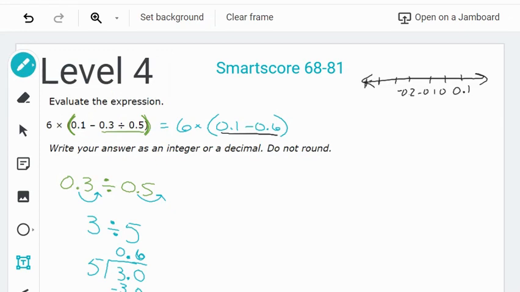So we're going to go left 0.6. So here's where we're starting. 0.1, 0.2, 0.3, 0.4, 0.5, 0.6 gives us negative 0.5 there. So we have 6 times negative 0.5.